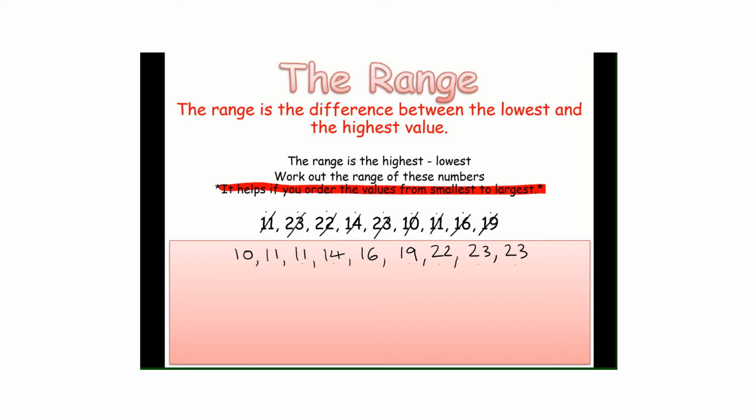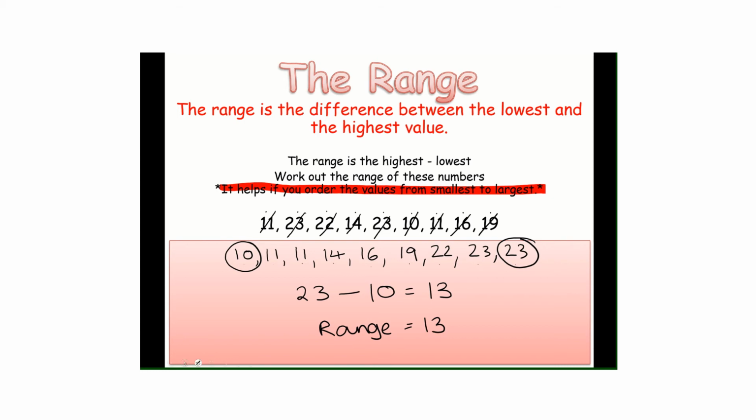So to find the range, I want to do the highest number, which is 23, take away the lowest number, which is 10. So I'm doing 23, take away 10, and I can use my calculator, which gives me 13. And so the range is 13.